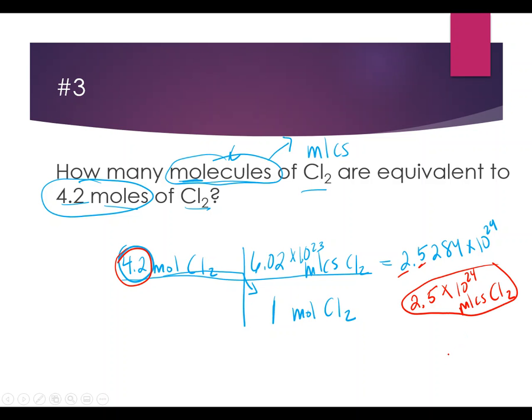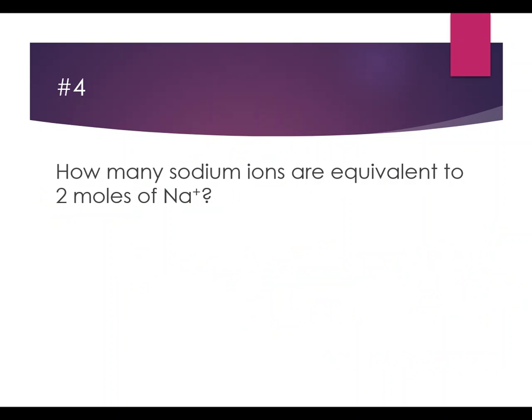Let's do one more. Alrighty here. How many sodium ions are equivalent to 2 moles of sodium? So Na plus is an ion because it has a charge on it. So we know that's also a particle number. That's going to mean we need Avogadro's number.